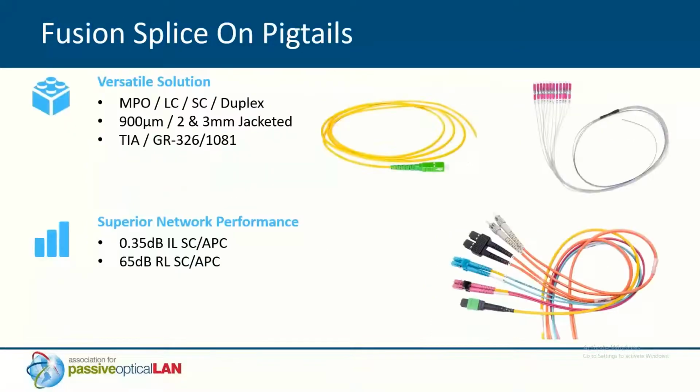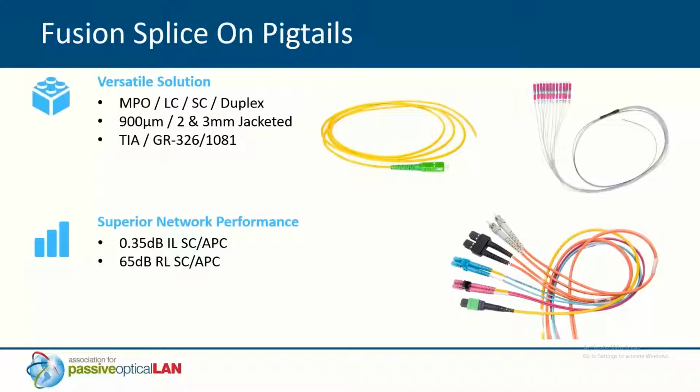Okay, next slide. And then at the end of these cables, we obviously have to connectorize them somehow. One way to do it is splice-on connectors, which I don't have shown here, but they act very similarly, where they're spliced on and they exhibit the low insertion loss performance that you see here posted for our pigtails as well.